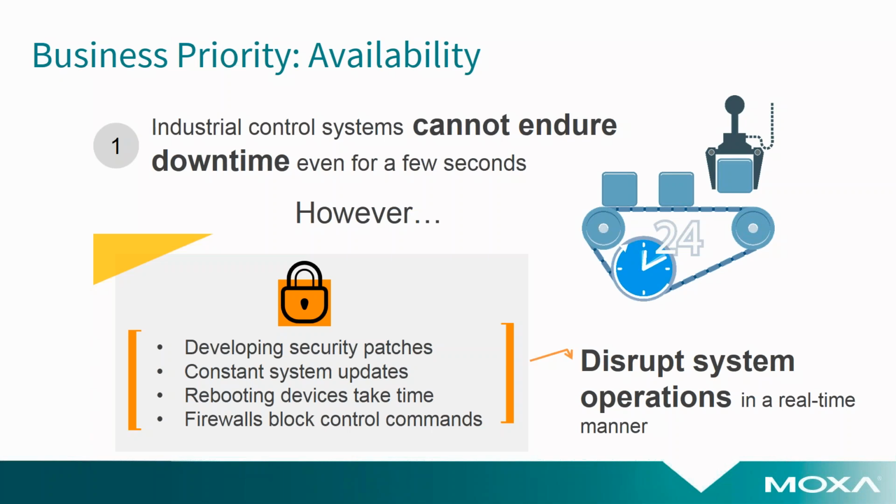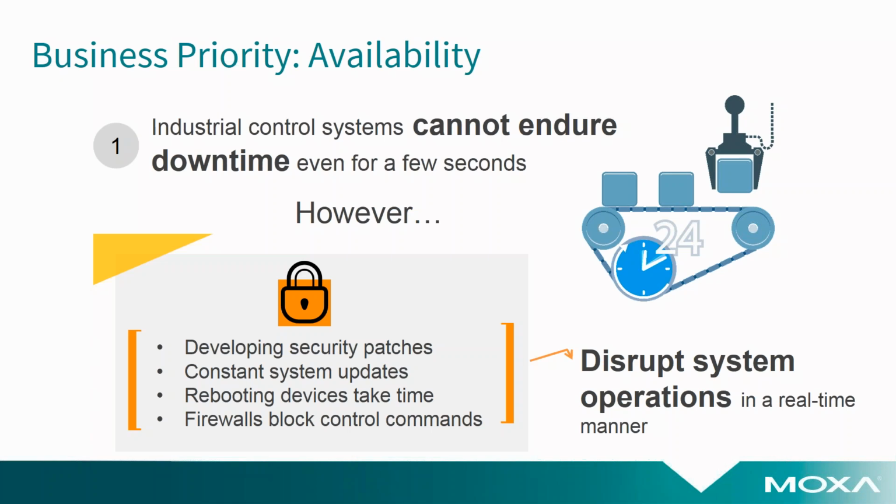Unlike an IT environment where maybe every Tuesday morning your laptop runs a security update from Microsoft, they're very hesitant to allow that type of thing to happen, A, for the time it takes, and B, because it could jeopardize the process.